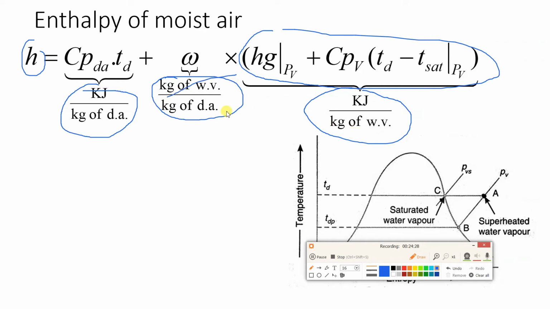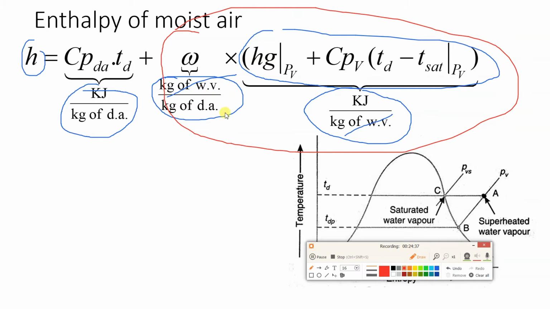So per kg of water vapor will get cancelled, and this term altogether gives again the unit of kilojoule per kg of dry air. So the unit of enthalpy of moist air will be kilojoule per kg of dry air. This is specific enthalpy, that is why it is per kg of dry air. Specific means per unit mass.